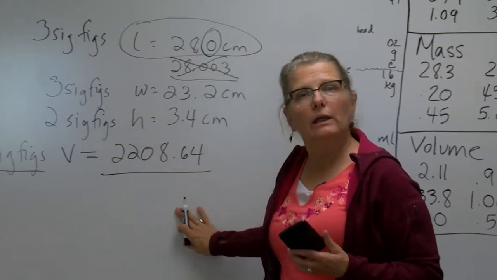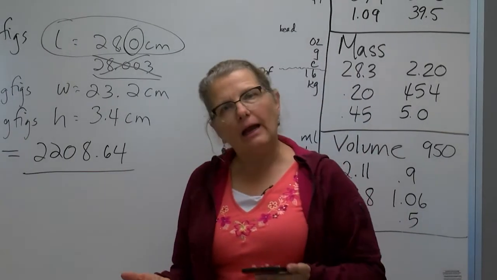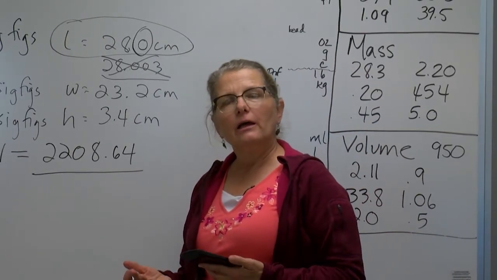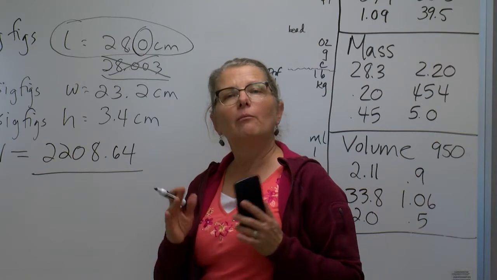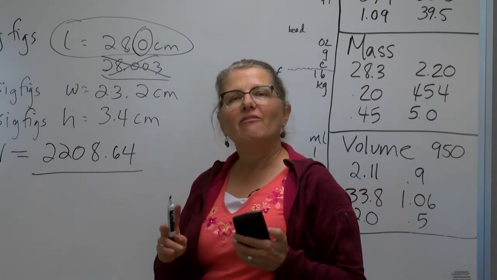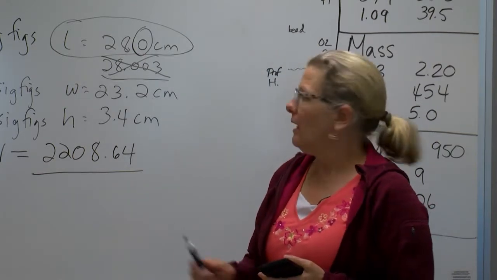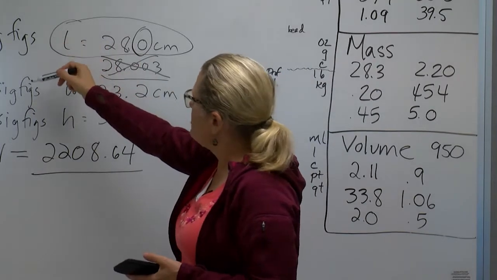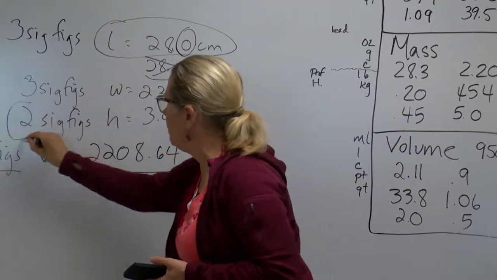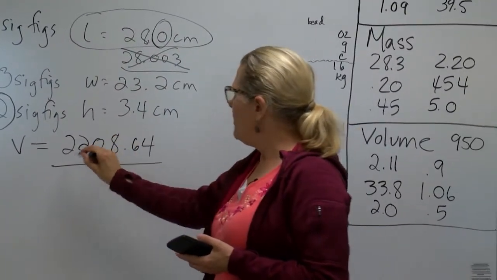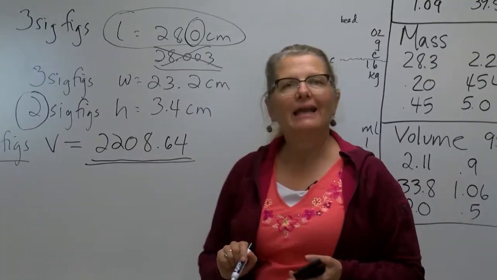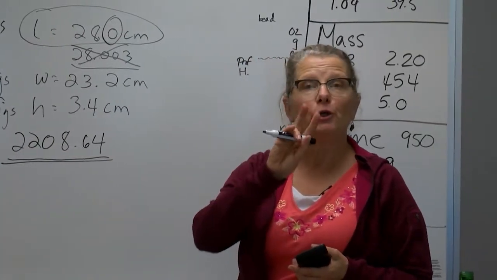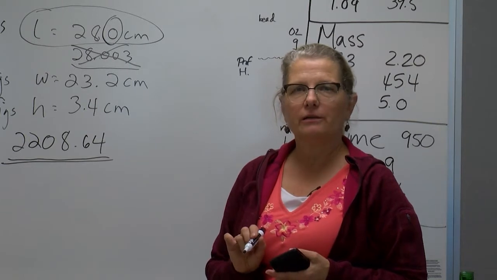Now, a rule is that your answer can only have the number of significant figures of the least accurate data point. 3 sig figs, 3 sig figs, 2 sig figs. This answer can only have 2 significant figures.